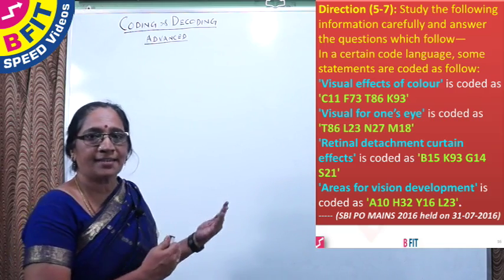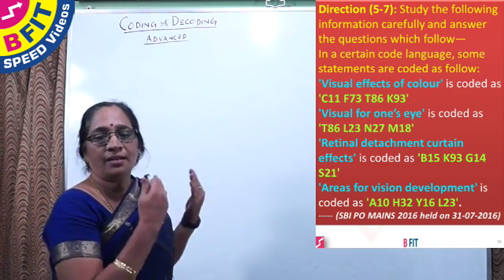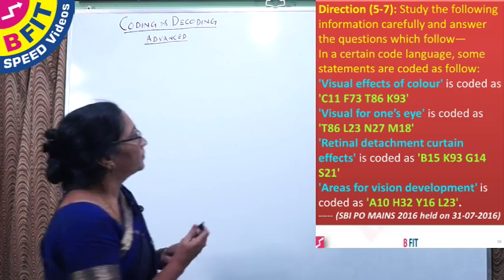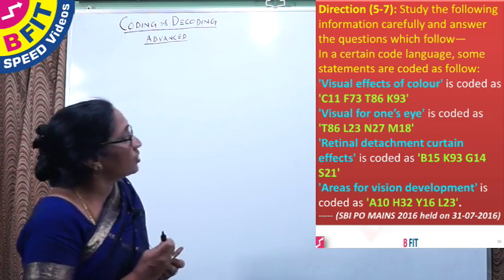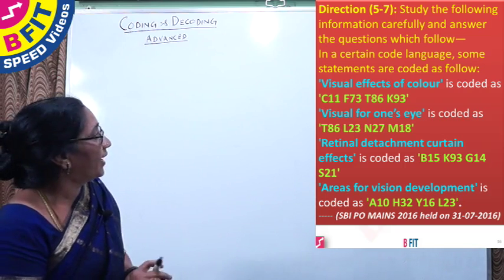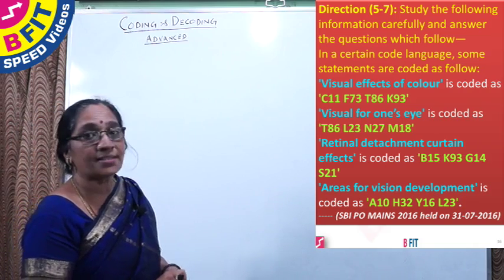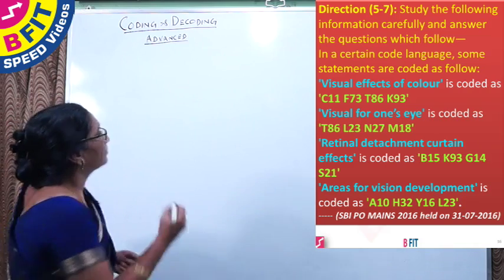First let us write what is the sentence and its corresponding code. Visual effects of color is being coded as C11, F73, T86 and K93.